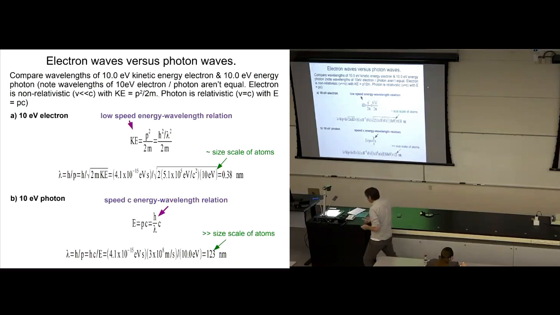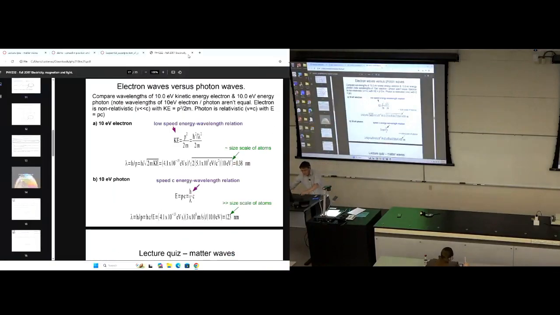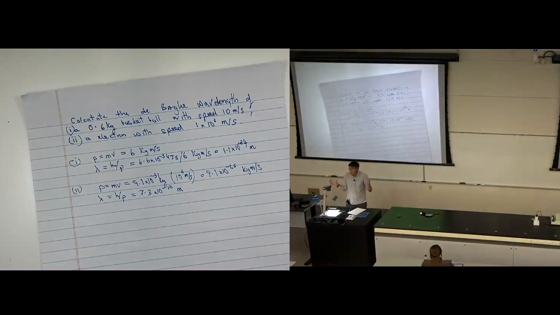Okay, I want to work through a problem about the wavelength of a photon, and I think I'm going to do this one on the document camera too. We just talked about X-rays and their wavelength when they're scattered off a crystal, and about electrons and their wavelength when they're scattered off a crystal.